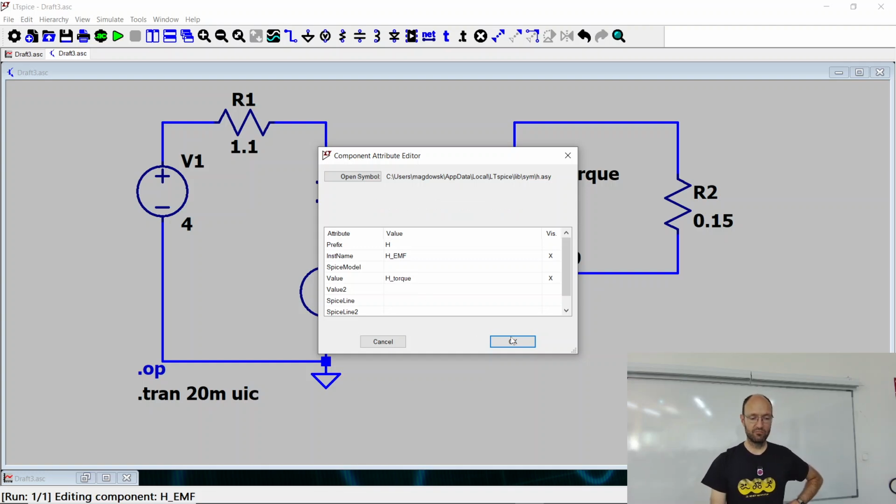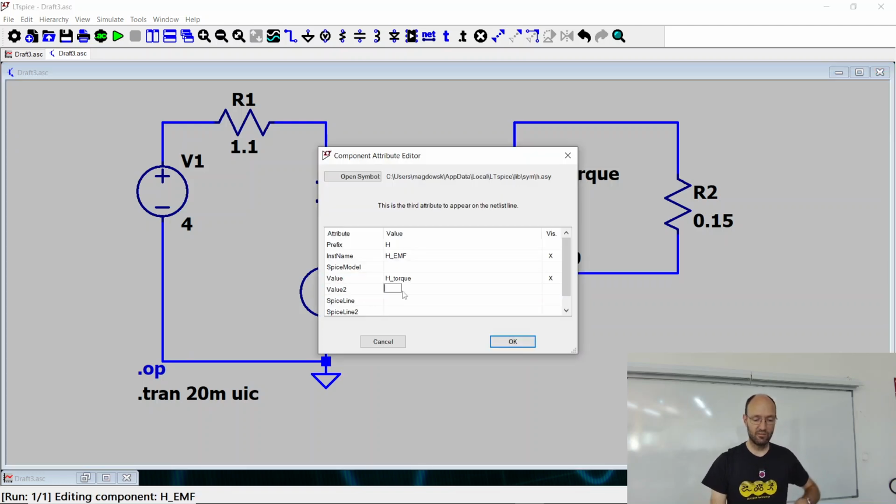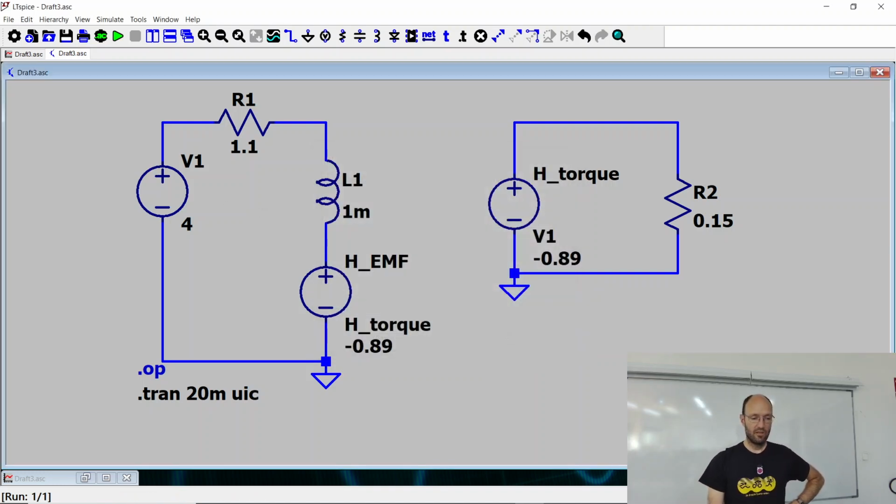as the sensor, the current that is going through this source now should also control the source here on the other side. And I will take the very same value for this K factor, minus 0.89. And let's see what it does.